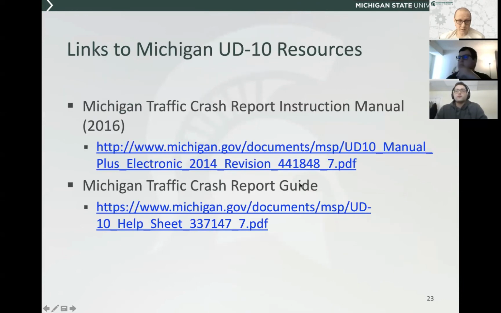With that, this is just a link to the instruction manuals and the UD10 guide. If you've got questions on anything, we can refer back to this. Then I'll start posting some information and some activities that we can use, traffic crash facts, to get at least some familiarity with how these data systems are structured.